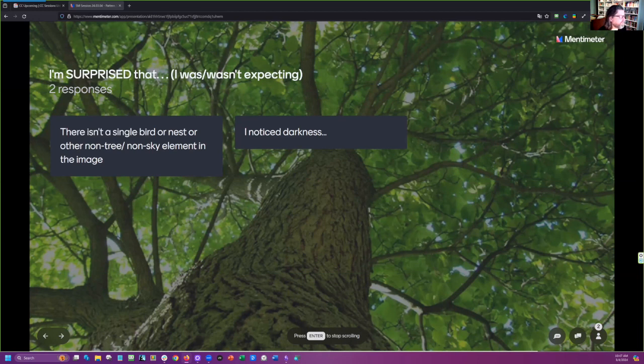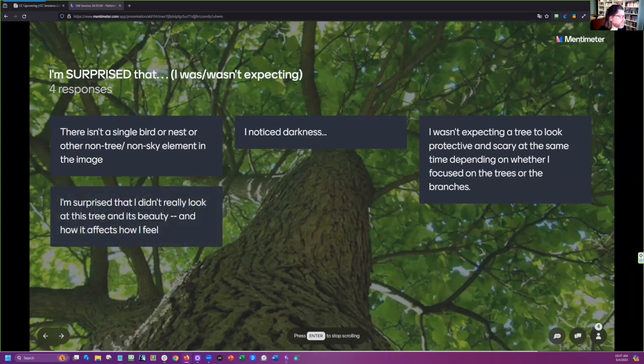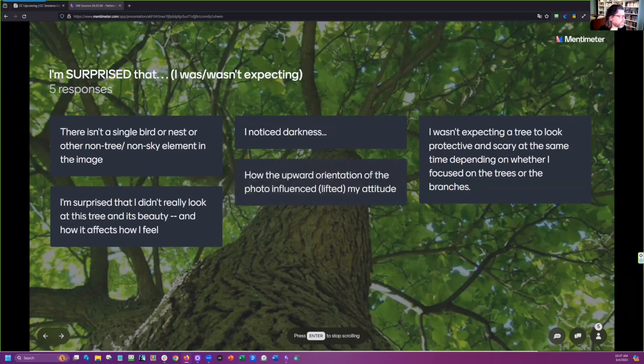It's true. I wonder if somebody photoshopped the birds out of the tree or something. That's interesting.